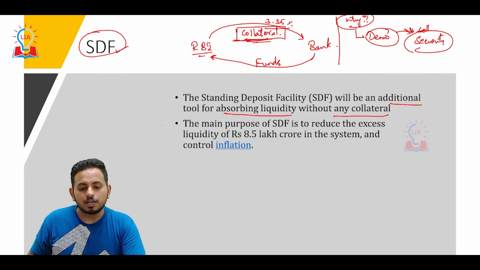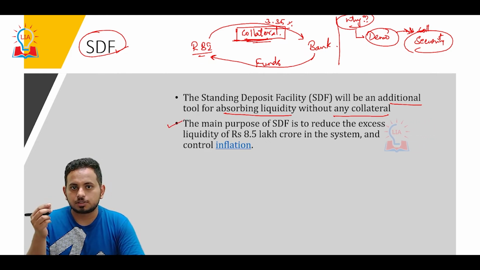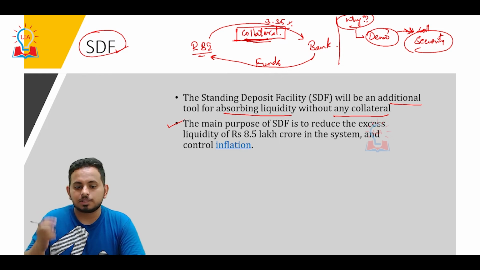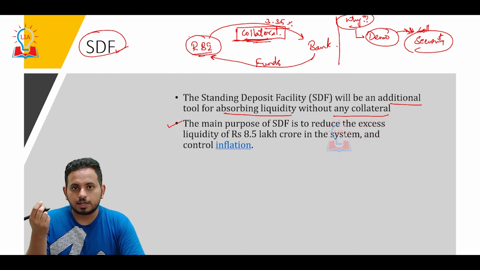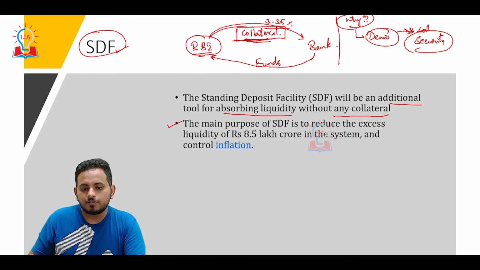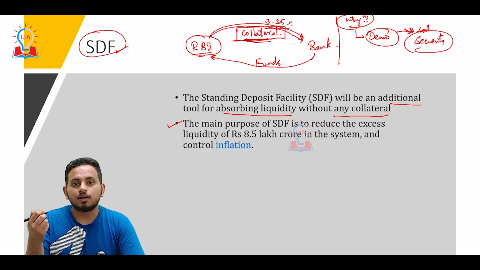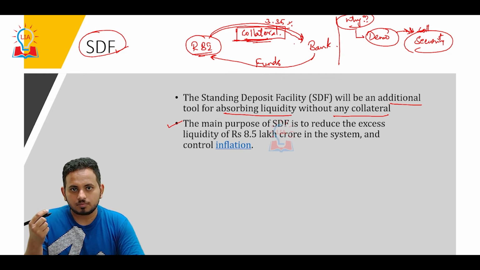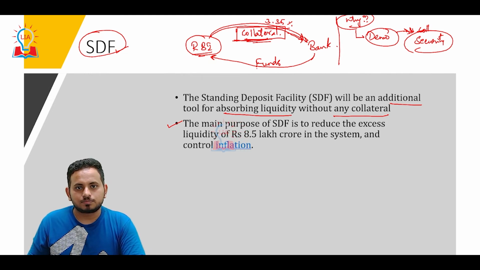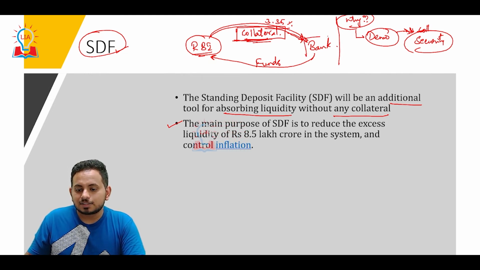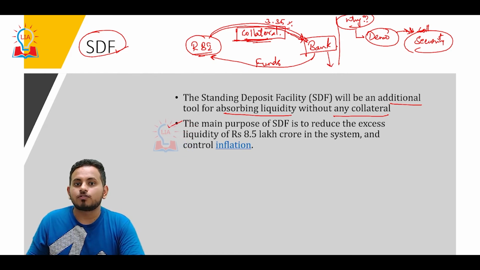If this type of context happens, then the RBI will not have many securities to give to the banks as collateral for the funds that they place. Getting my point? If the collateral is not being given to the banks, the risk of default is more, so the bank is taking a kind of risk.